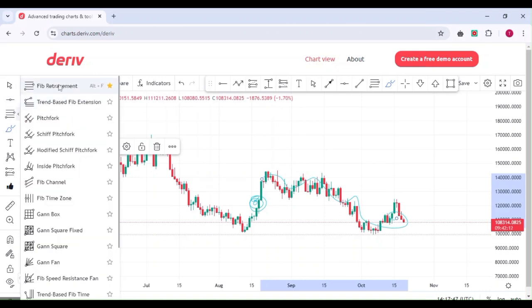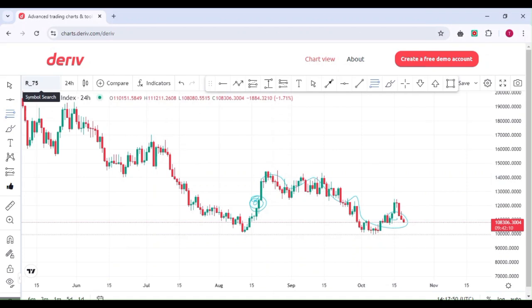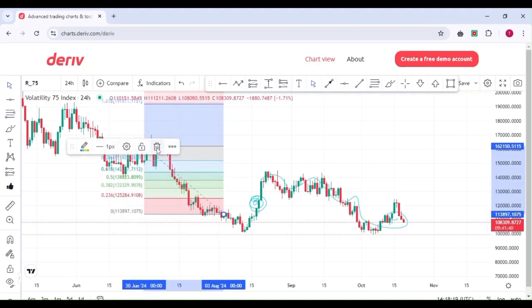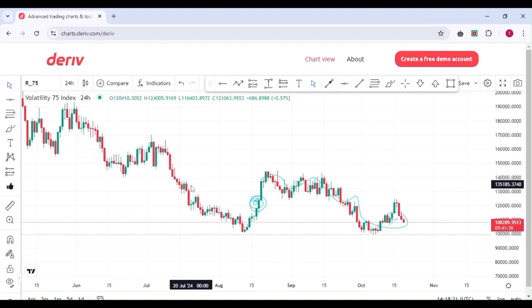So I'll pick my Fibonacci retracement, and then the other key step is to look at what direction the market is moving. For an uptrend, you click the Fibonacci from the lowest point, but for now we have this downtrend, so let me illustrate using this downtrend. What do you do for a downtrend?